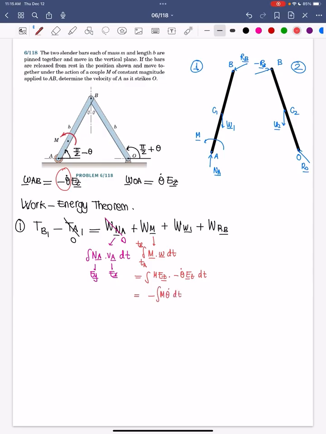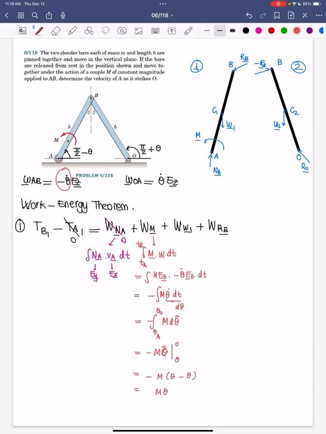I can write theta dot dt as d theta, so now the integral is minus M d theta from theta at A to theta at 0. So theta at A is the theta that's given, so that's minus M times 0 minus theta, so M theta.